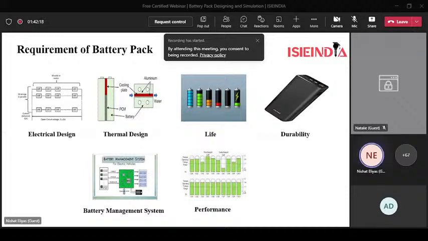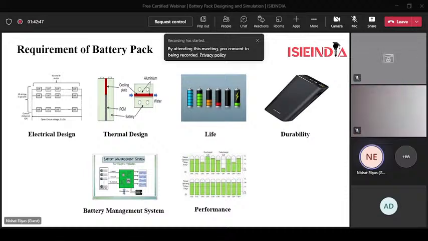The next thing is the battery management system, which is one of the basic things of the battery pack. It completely controls how much power has to be delivered to the cells, how much current has to be delivered to the outer load, or how much current we have to provide for charging the cells.